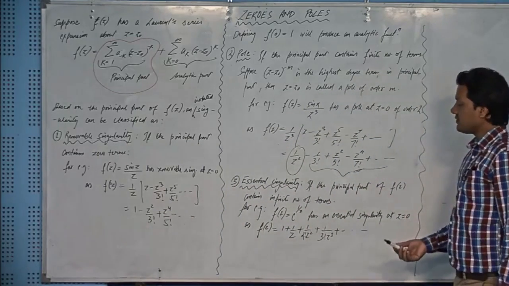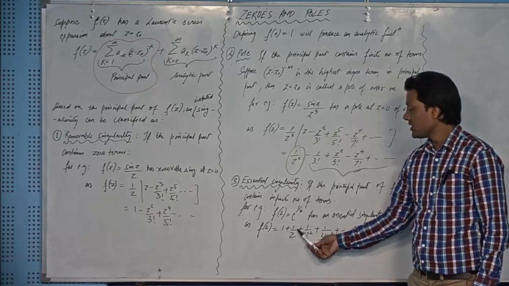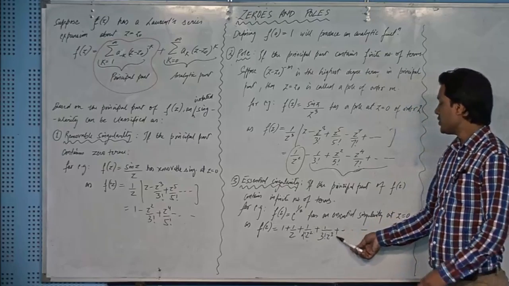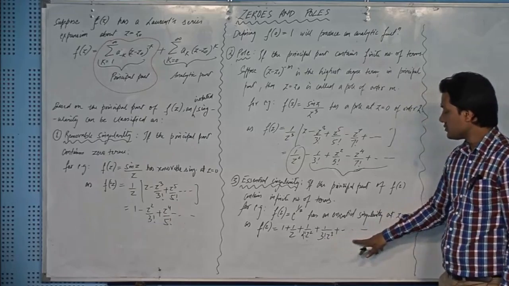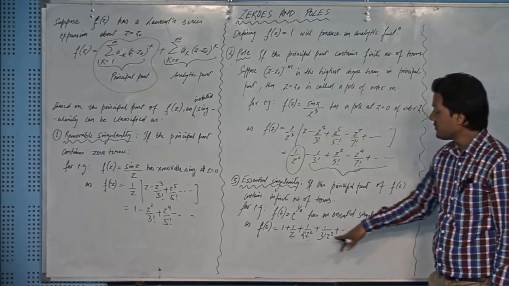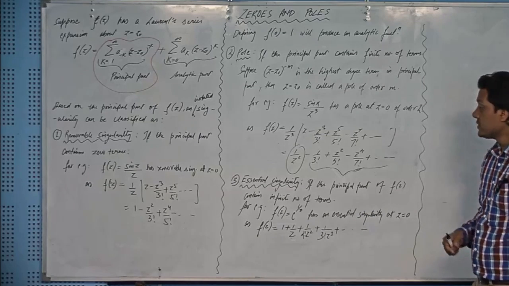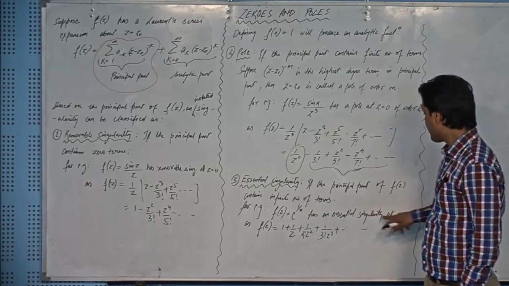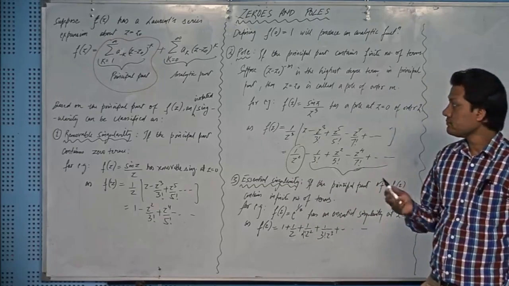And you can see that there are infinite terms containing negative powers of z. This is z to the power minus 1, z to the power minus 2, z to the power minus 3, and so on, right? So the negative powers of z go on increasing, and obviously there are infinitely many such terms containing negative powers of z, right? So z equal to 0 is an essential singularity of this function, right?